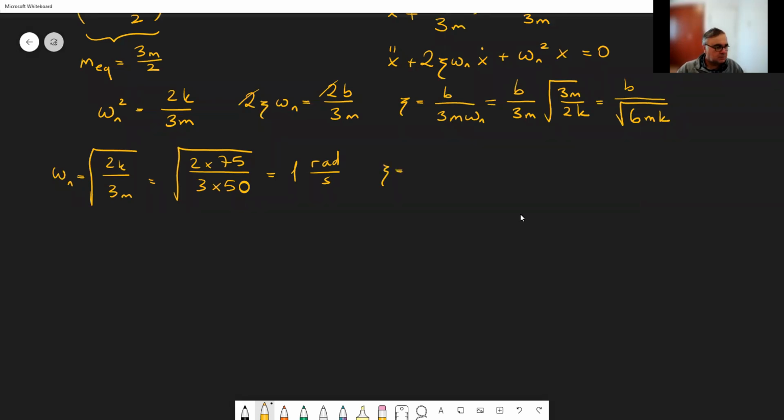And the damping ratio is 10 divided by, from here, 6 times m, is something like this. So we find the natural frequency and the damping ratio.